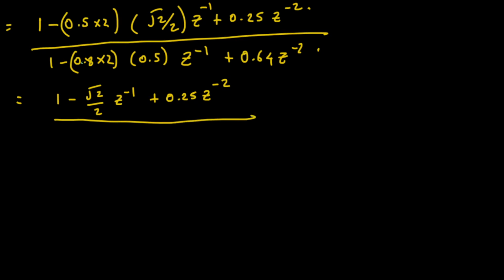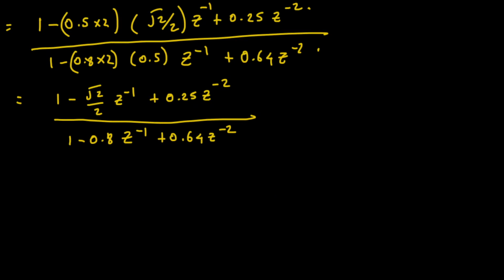And then this is 1.6 times 0.5. Let me double check. 0.8 times 2 is going to be 1.6. 1.6 times 0.5 is half of it, which means 0.8 again. So this is just 0.8 right here, z^-1 and then 0.64 z^-2. So this is our final expression.